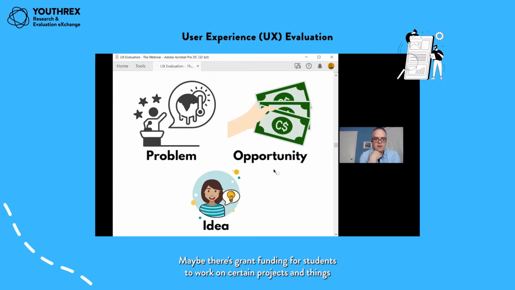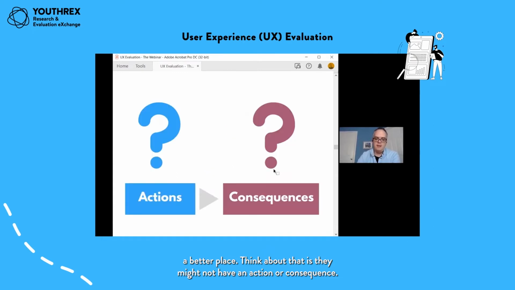Maybe there's grant funding for students to work on certain projects they care about, or they just have some idea of how they can make the world a better place. The thing about that is they might not have an action or a consequence. They might not have it fully figured out yet. They have a problem, they don't have the solution yet. They're trying to work towards a solution. Maybe they have ideas about how to get to that solution. So this tends to be where the startup people end up.